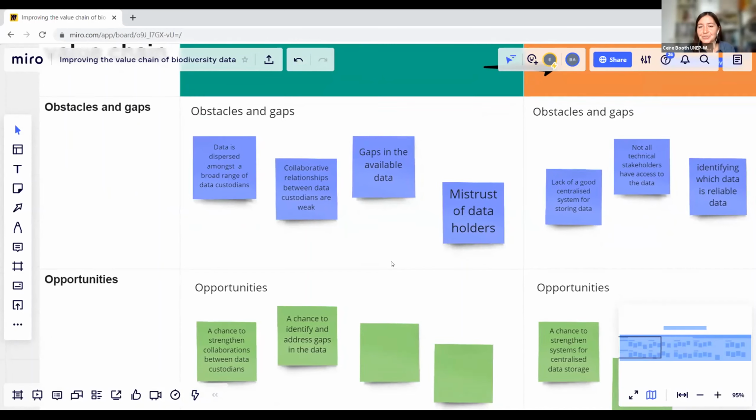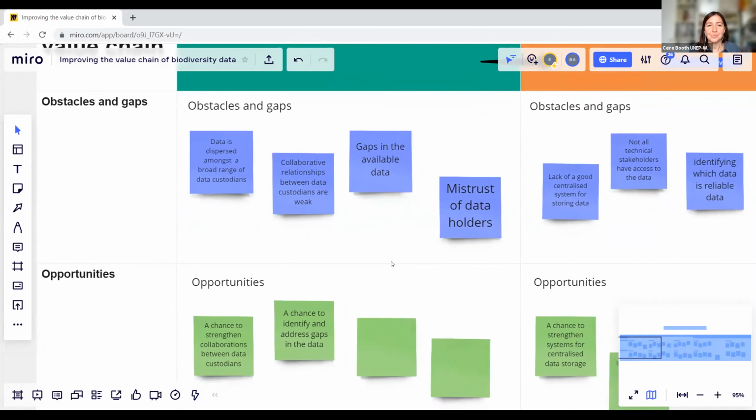I can see already that Laura is adding some additional points here, including mistrust of data holders, which is a really interesting challenge that's been brought up. I'd like to open the floor now to any of our panelists to either add points of their own or comment on some of these that they have encountered in their own work. So please.